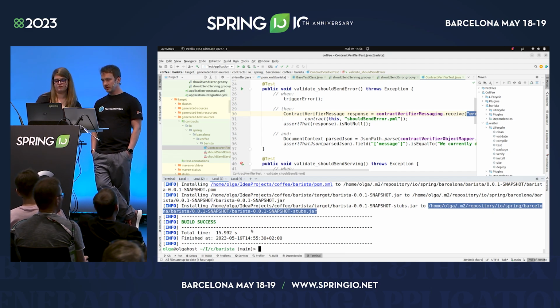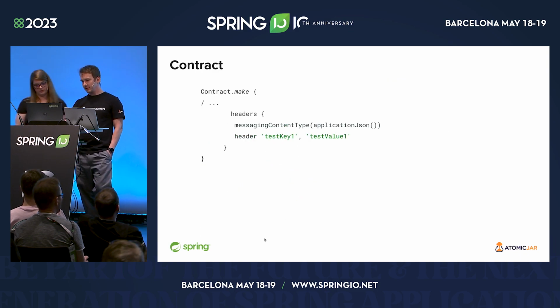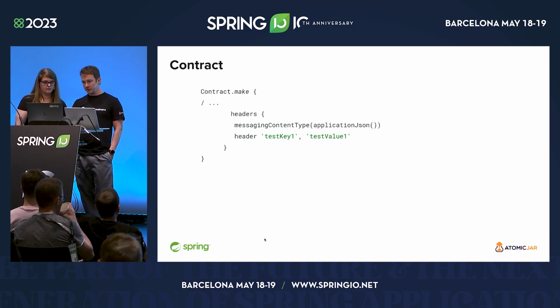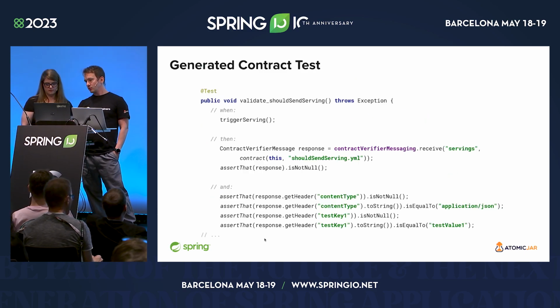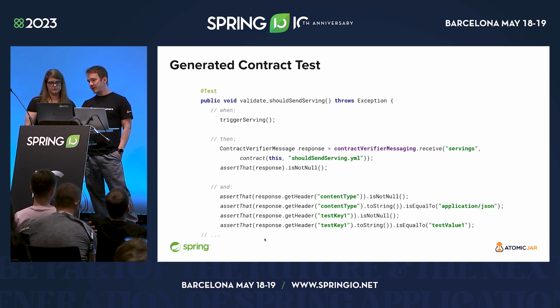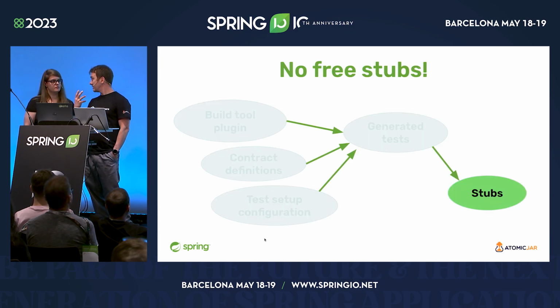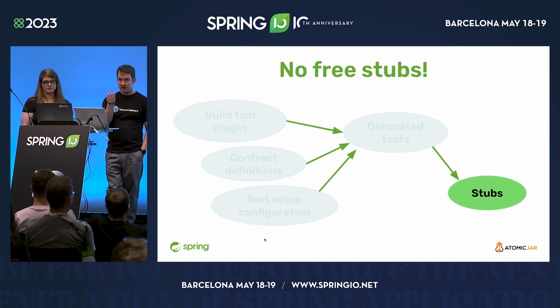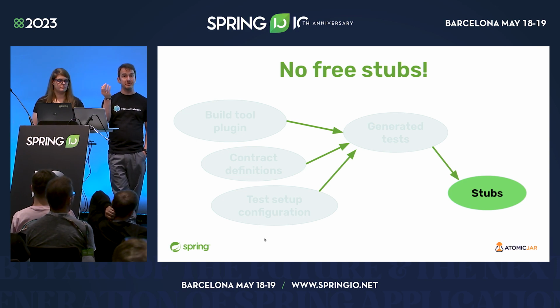Okay. Right. So we generated, we verified, we provided the contract, we generated the tests, we looked at the tests, we ran the tests, and when the tests passed, we got the stubs, which are the programs mimicking the actual producer API.